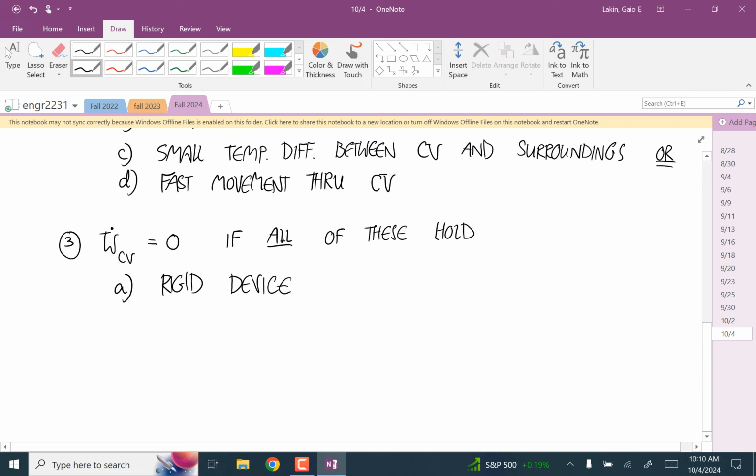If the device is rigid, then the control volume itself doesn't change, and so there's no work of expansion. But these all have to be true. So it has to be rigid, and there can't be any rotating shafts in or out connected to the surroundings.